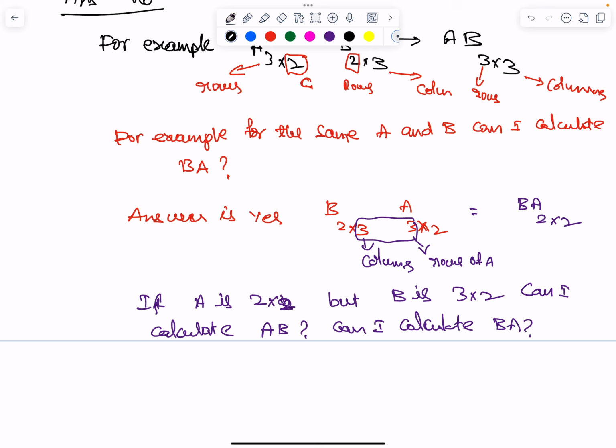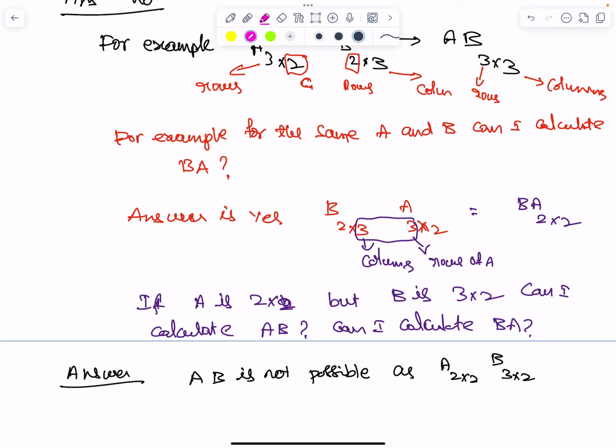So the answer: AB is not possible, as A is 2 by 2 and B is 3 by 2. Now you see here, these two numbers are different. This one and this one are not the same. Therefore AB is not possible to calculate.